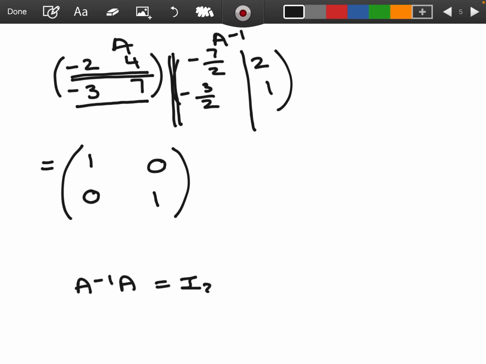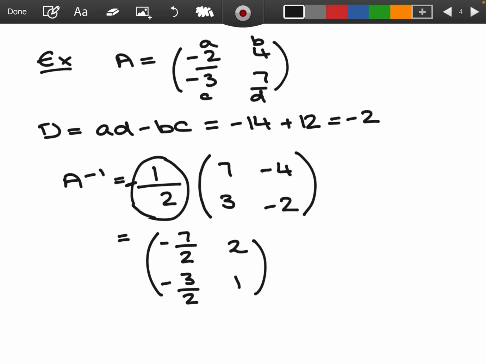Here we have done A times A inverse. Now you can do A inverse times A, and you should also get the 2 by 2 identity matrix, showing that this matrix is actually the inverse of A. It's pretty simple to do once you know the formula to find A inverse.